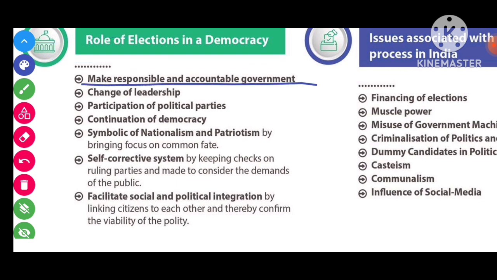Elections make government responsible and accountable, bring change of leadership, involve participation of political parties, and ensure continuation of democracy.